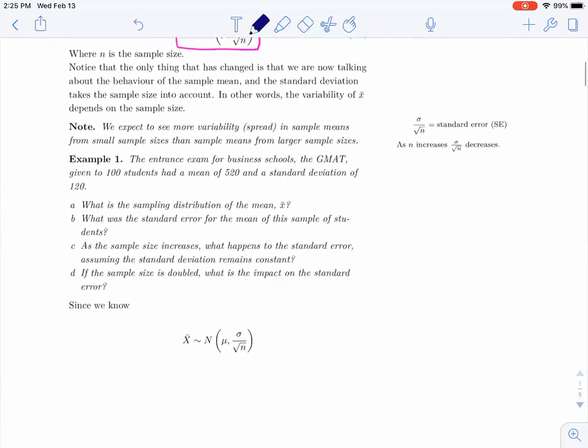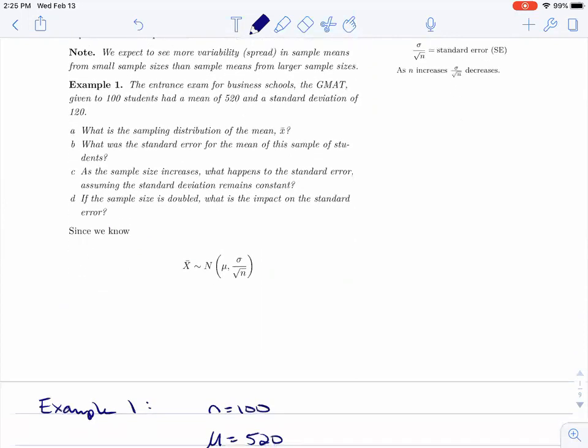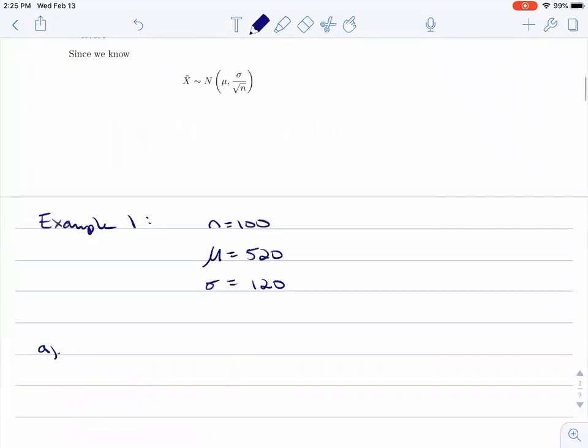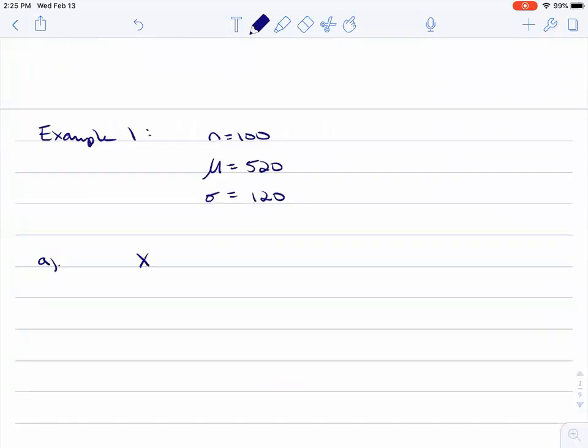Part A wants to know, what is the sampling distribution of the mean x bar? So the sampling distribution of the mean in general is x bar follows a normal distribution with a mean mu and a standard deviation sigma over root n.